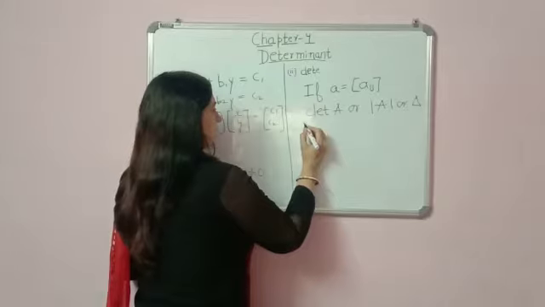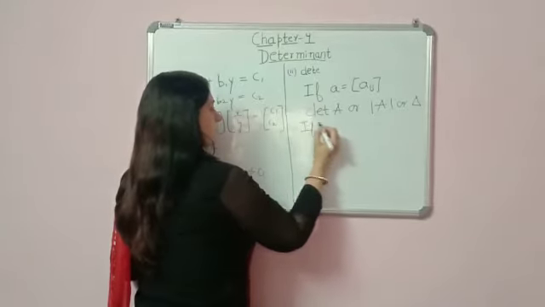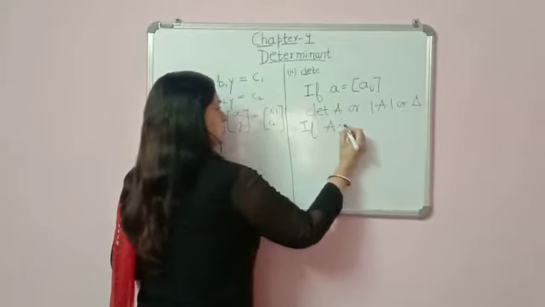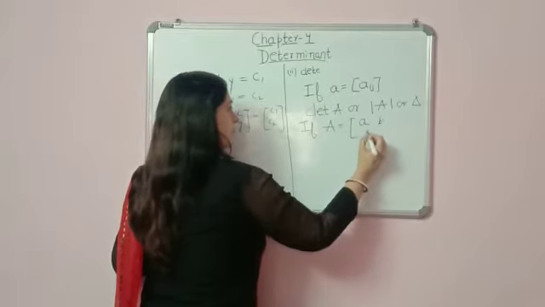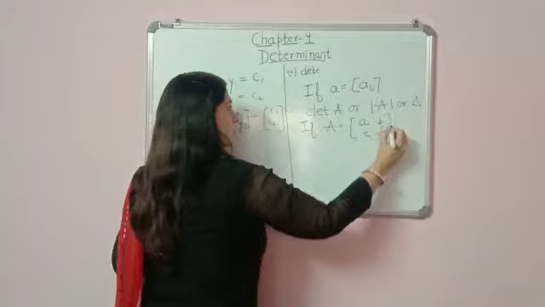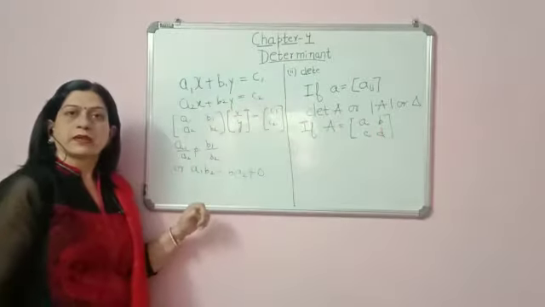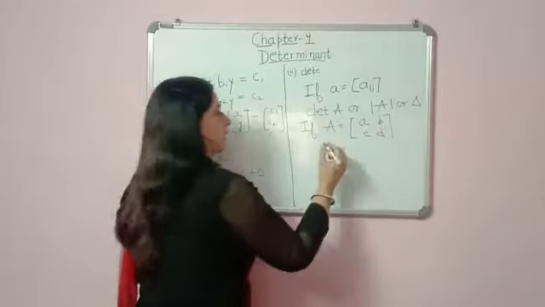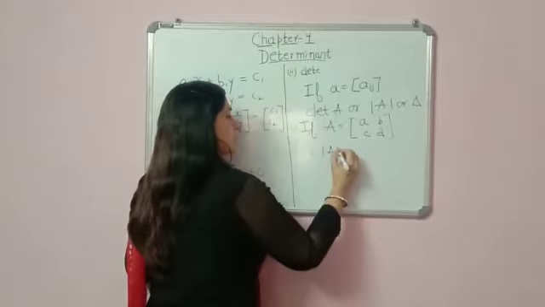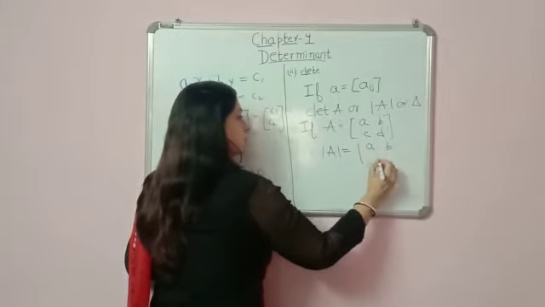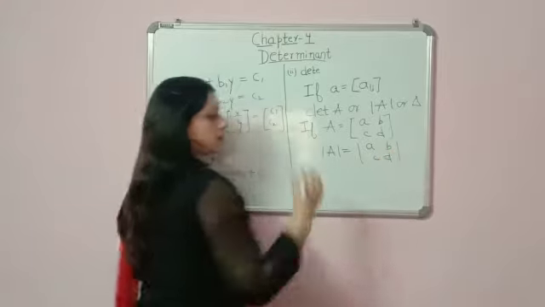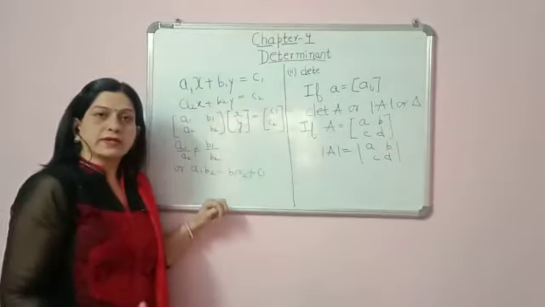Now, if A is any matrix given by a, b, c and d, then you can write its determinant as determinant of A is equal to a, b, c, d. Now how to find its value?